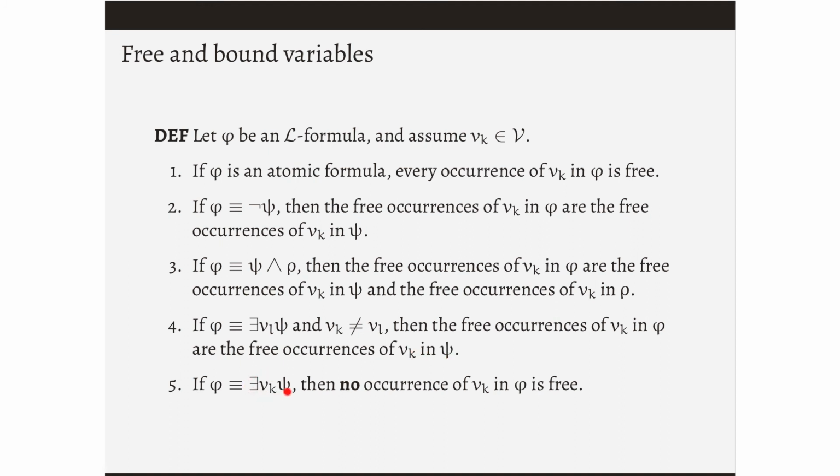Only if we actually quantify over vk, then no occurrence of vk in phi is free. So if we really quantify everything inside over a formula, so if phi is created from psi using an existential quantifier over the variable that we're interested in, then all occurrences of vk in phi cease to be free. So they become bound.